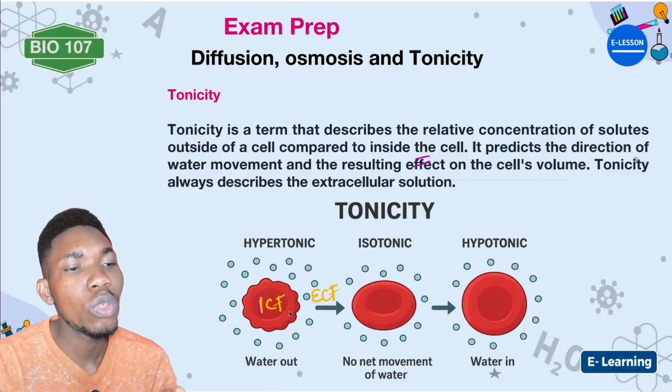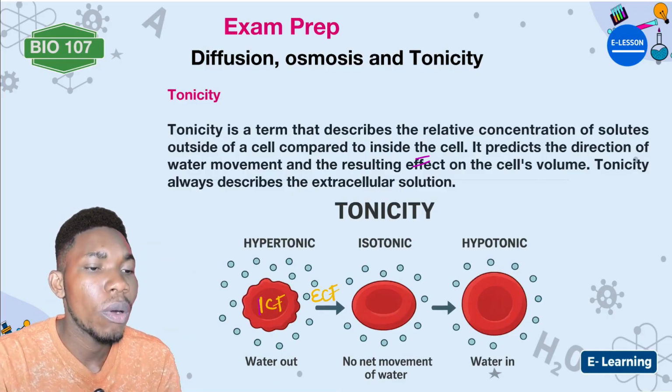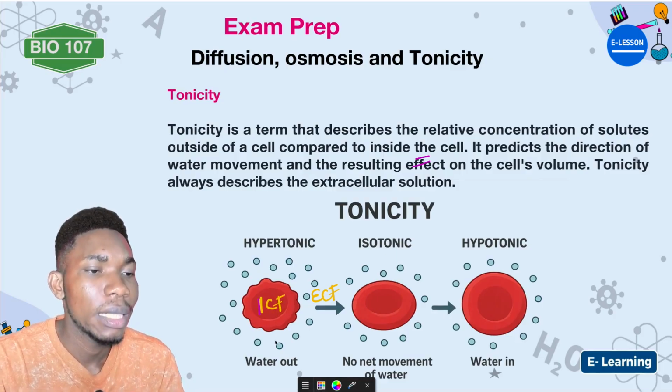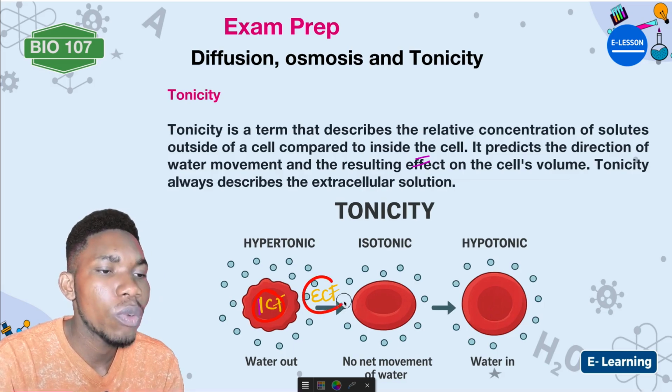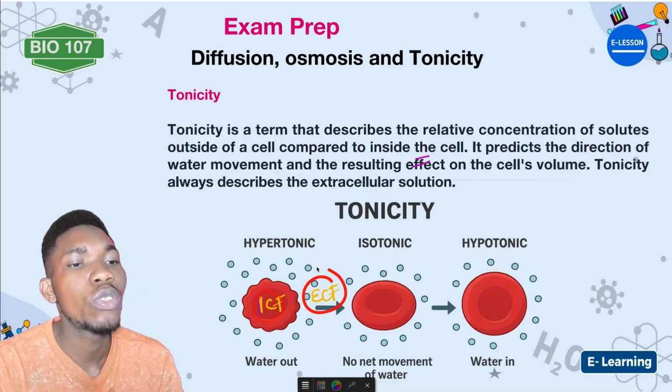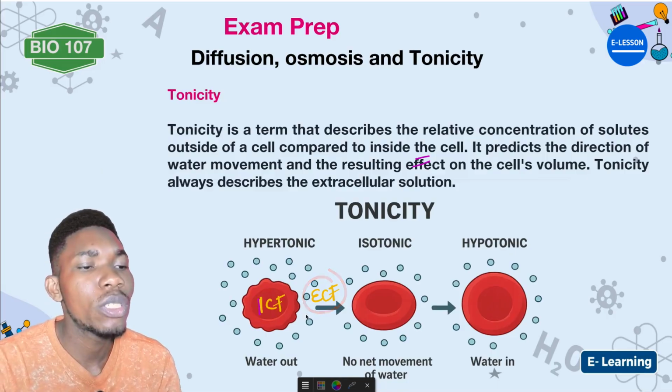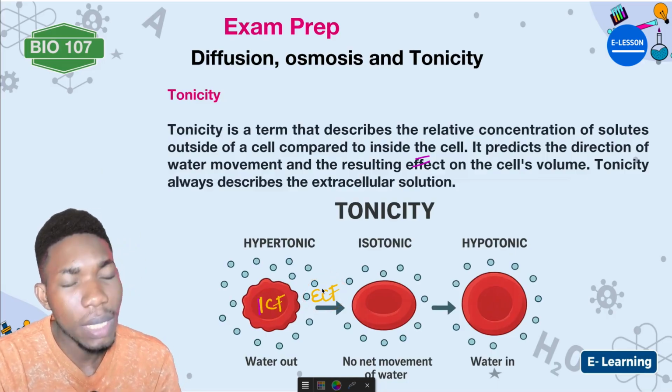Now, what we are trying to do is compare the concentration of, let us say, sugar inside as compared to outside. That is what tonicity actually does. How much is inside as compared to outside?